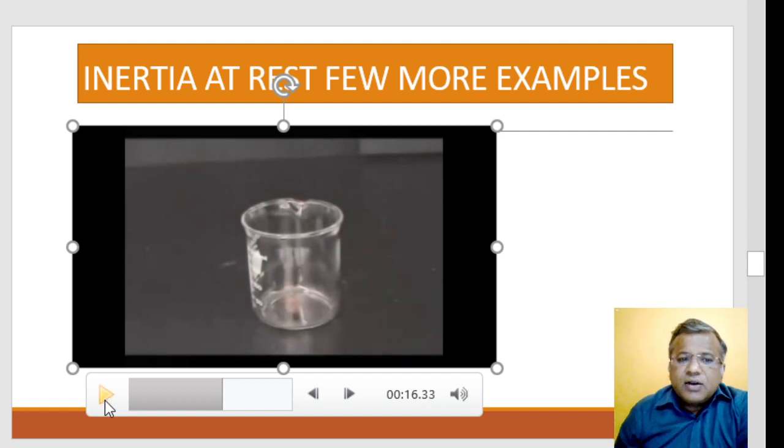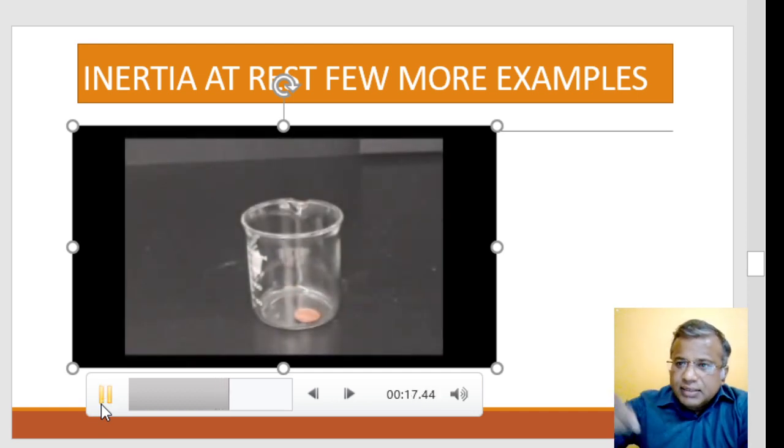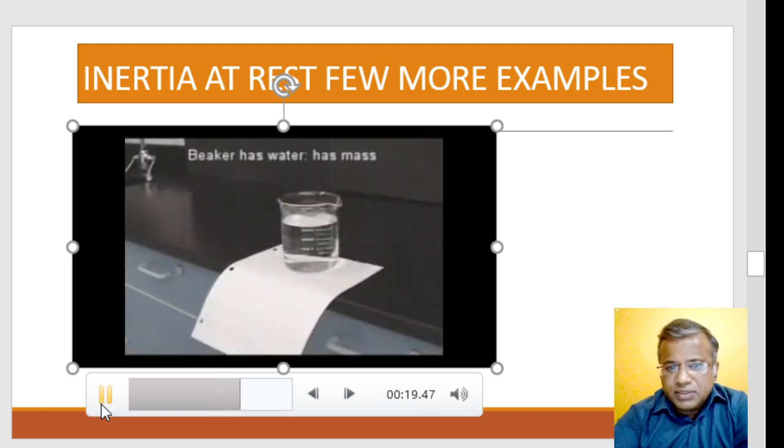When you suddenly remove the paper, the coin is still maintaining its state of inertia. Because of that, it did not move with the paper, and the coin directly falls down.